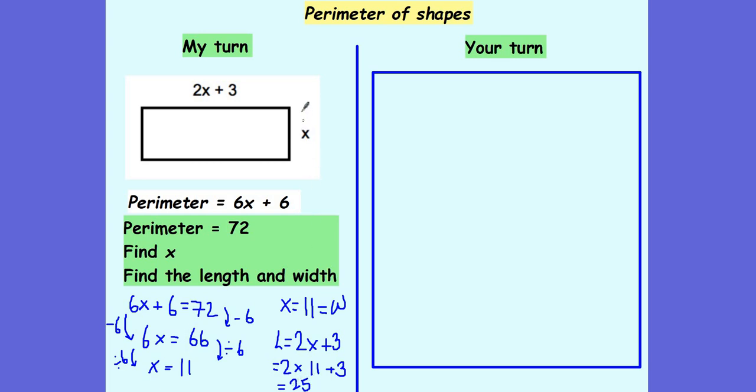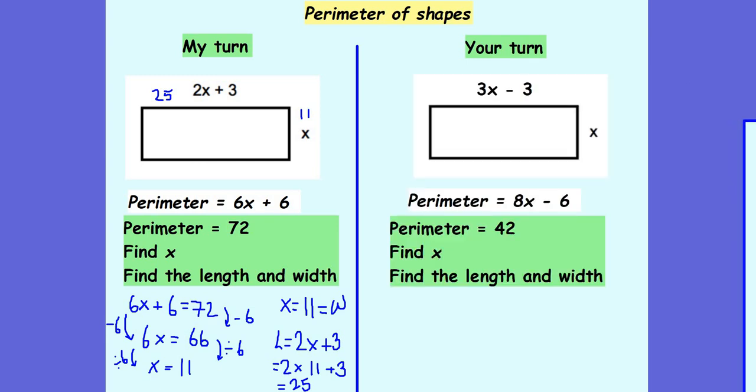So my width is 11, my length is 25. Okay, Year 7, in your dark blue books, can you please work out this example for me? Pause the video for a couple of minutes and have a think.